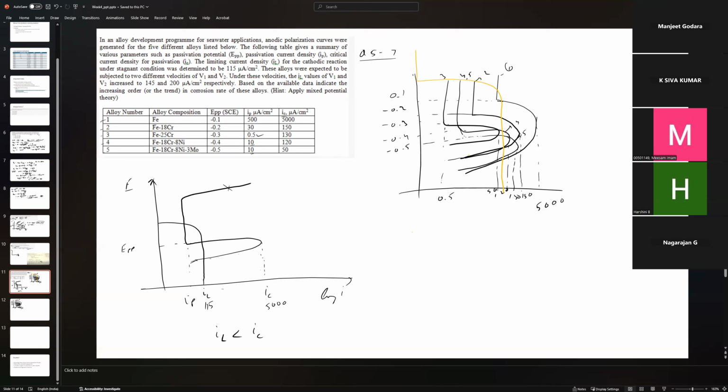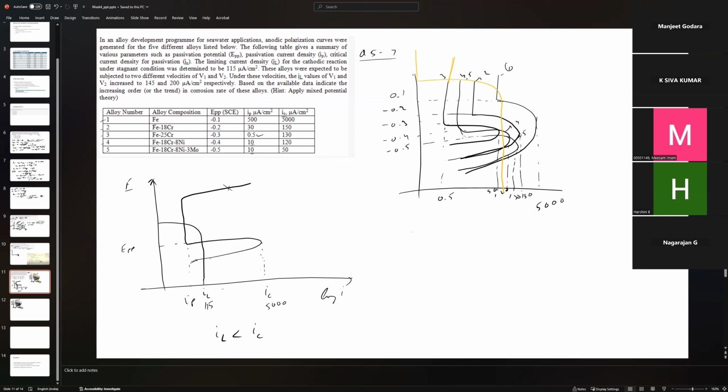It only crosses the critical current density of the first, but the third sample. So for the third sample, it will be in the passive region, and for all other four samples, it will be in the active region.